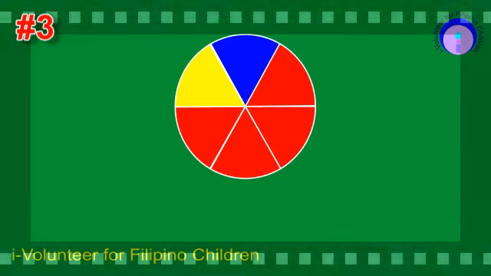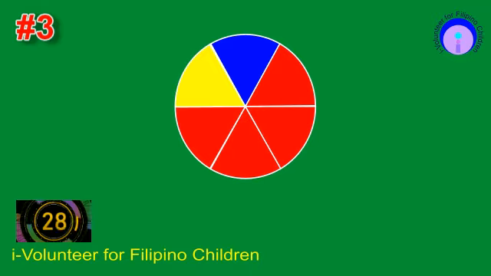Item number 3. Is your denominator odd or even? You still have 5 seconds to finish.